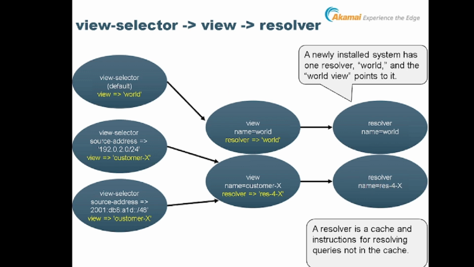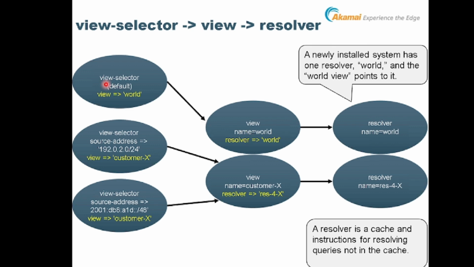So it's more complicated, certainly, than auth-serve, where there was just a view which was the container for the zones. So the zones were kind of sitting inside the view. The resolver is sort of like the equivalent of the zones because that's the content. That's the DNS resource records that are going to be presented to the client. All of that, in auth-serve, consists of these zones that are in this container that we call views.